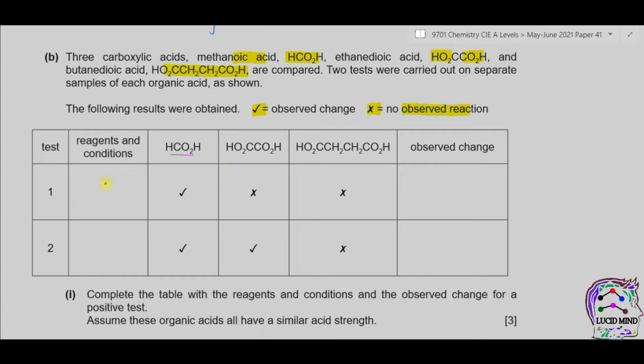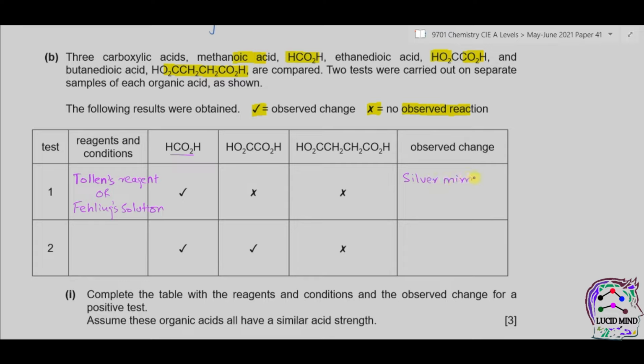So now we can see that if we use mild oxidizing agents such as Tollens reagent or Fehling's solution, they can only oxidize methanoic acid. Only methanoic acid is oxidized and there is an observed change: if we use Tollens reagent then a silver mirror is formed.